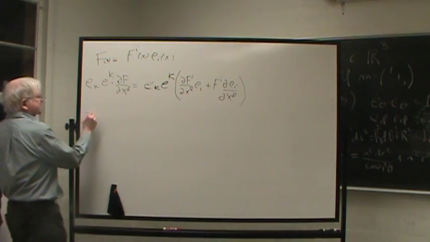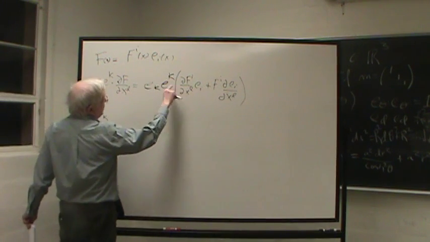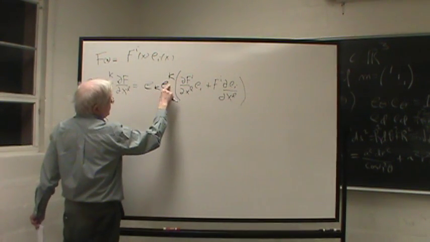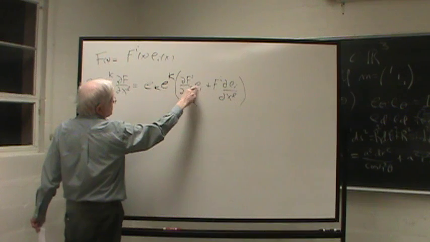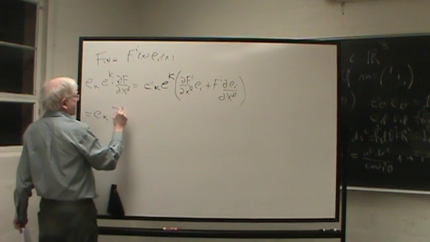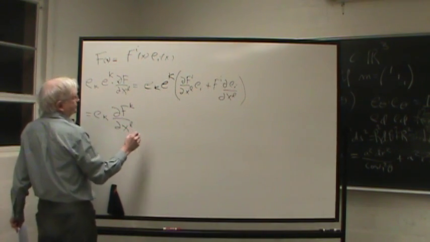And so now this gives us ek, and this is the dual vector of e lowercase, so this is orthogonal, and so this just gives us partial fk partial xl.